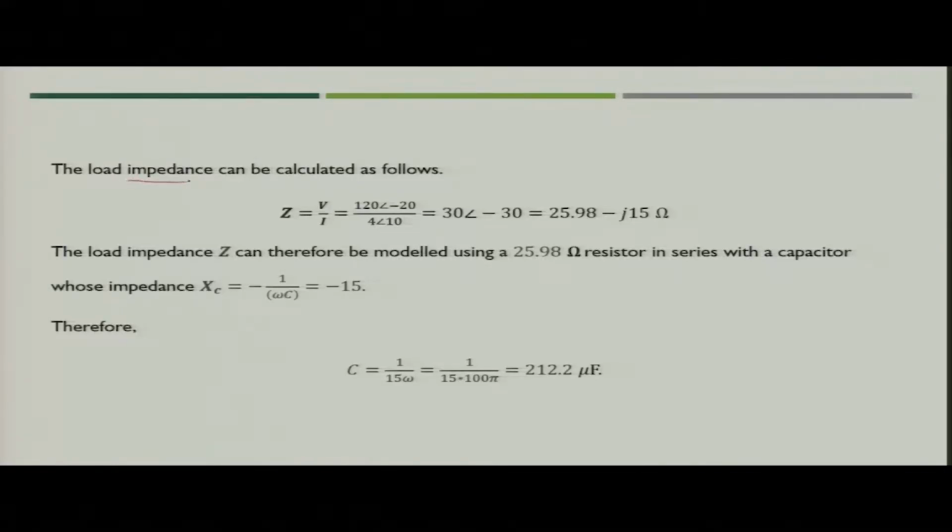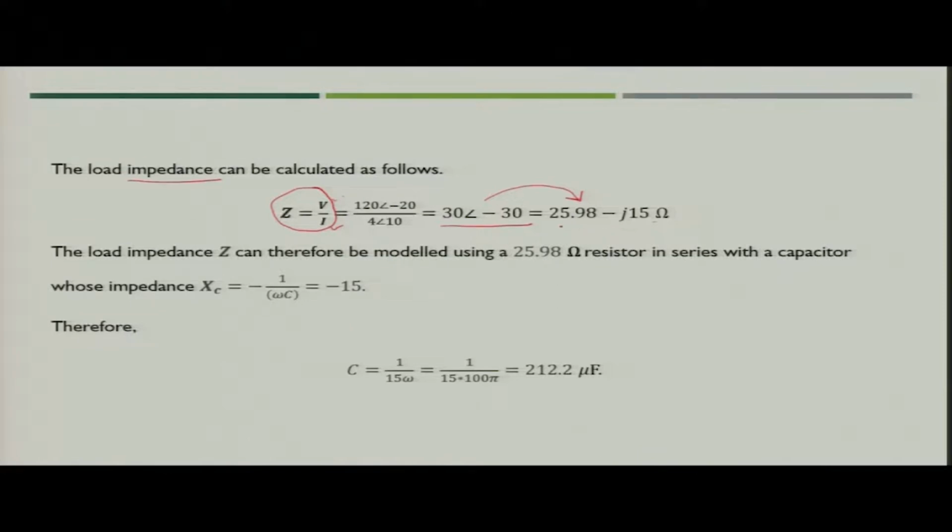Load impedance can be calculated by this formula, that is Z is nothing but V by I, and you put the values of V and I in the form of phasors. That is 120∠−20° divided by 4∠10°. If you simplify, you get Z in phasor form as 30∠−30°. Now, if you convert into rectangular form, you will get 25.98 − j15 ohm.